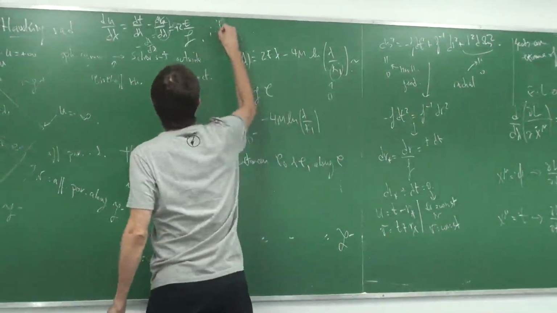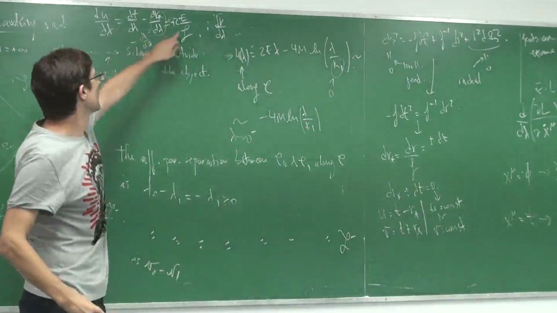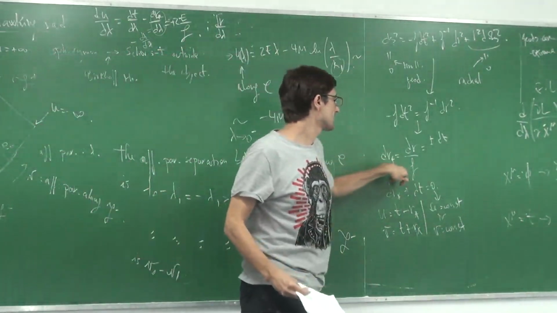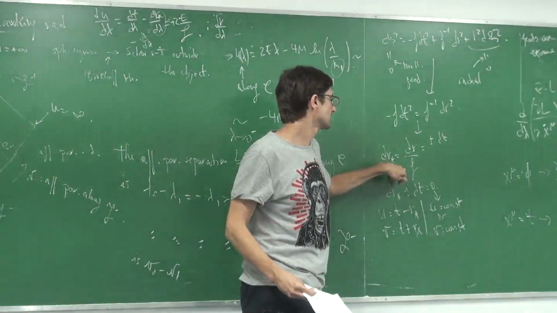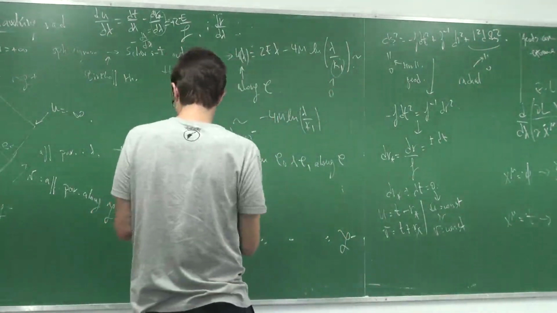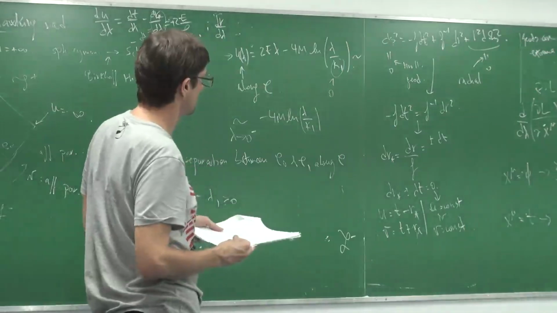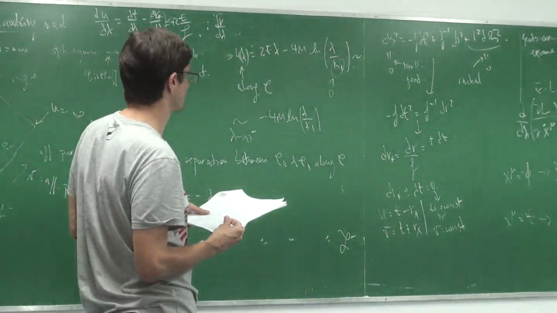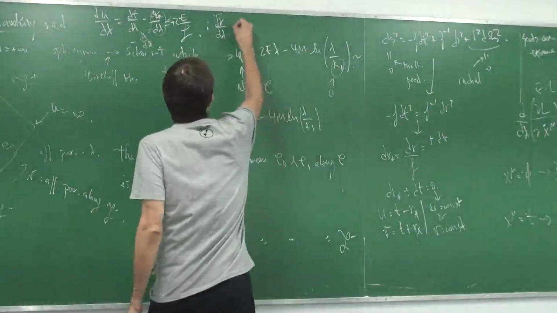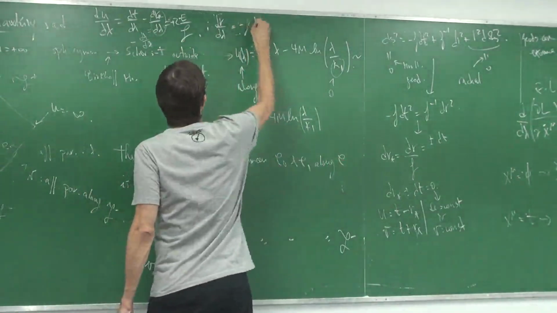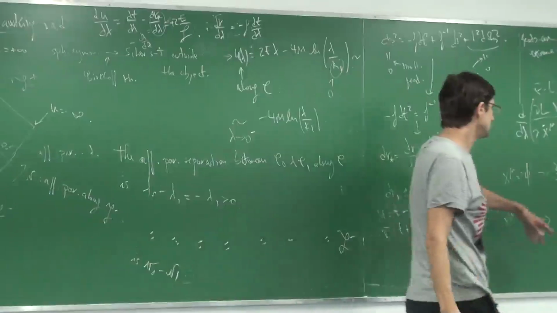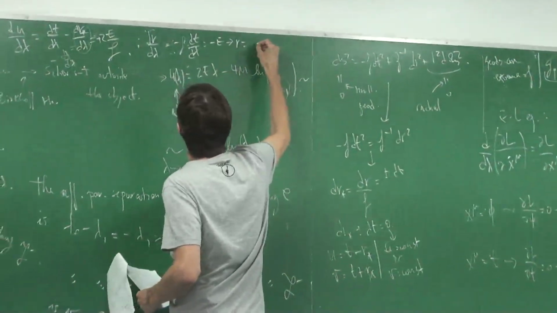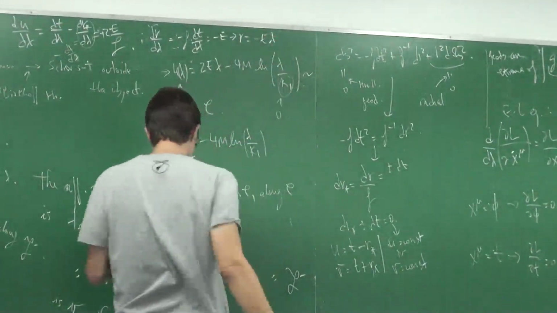So dr d lambda. We still want to integrate with respect to lambda, and f depends on r, so I still want to get r as a function of lambda. dr d lambda is going to be minus f dt d lambda. f dt d lambda is E, so this is minus E. So r is minus E lambda plus some constant.